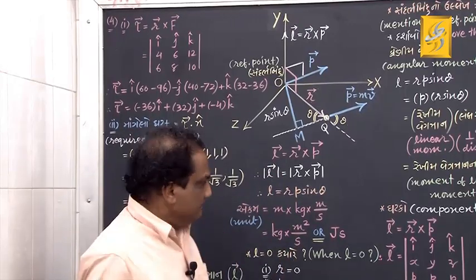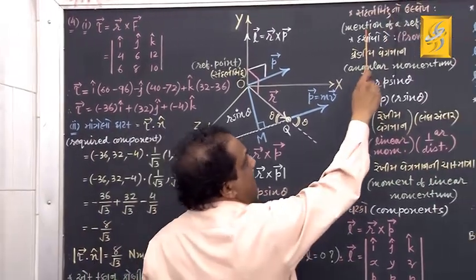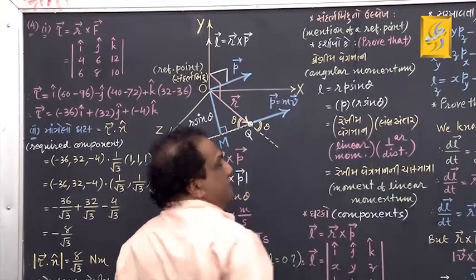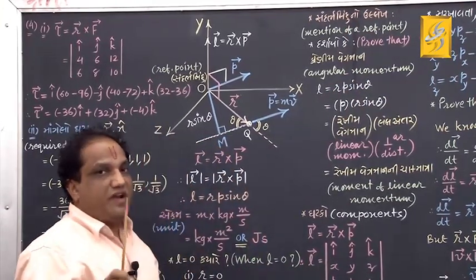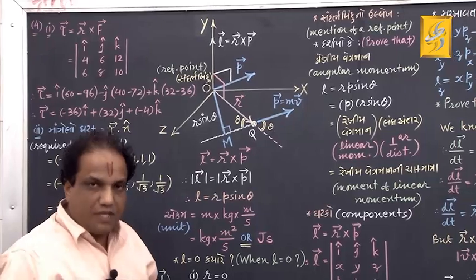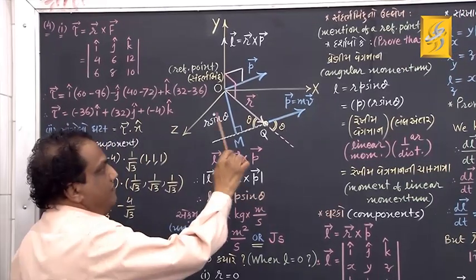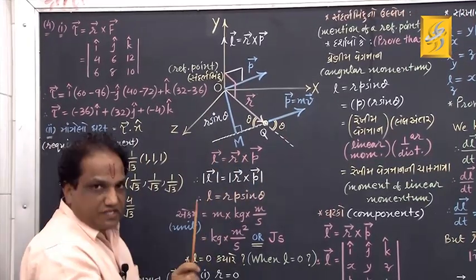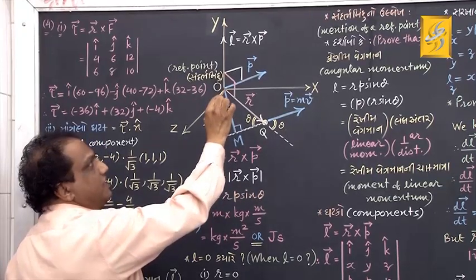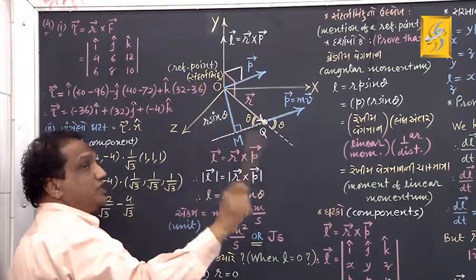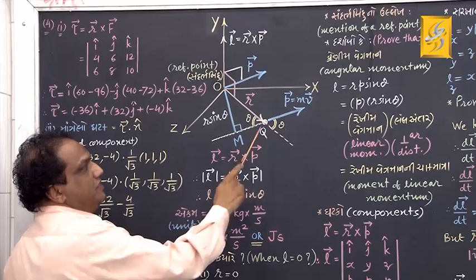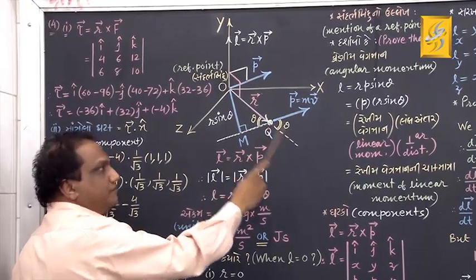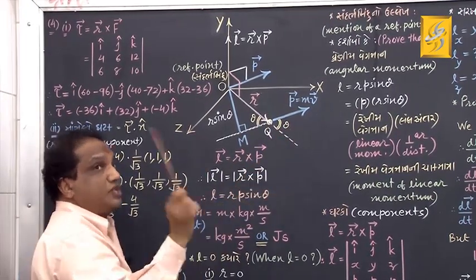Okay, fine. Now, mention of a reference point is a must while defining angular momentum, because if you keep other factors as they are and simply change the reference point, then with respect to the new reference point, the distance of this particle would change and theta also may change.